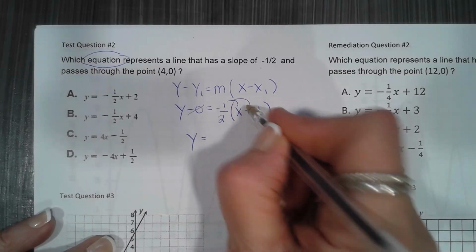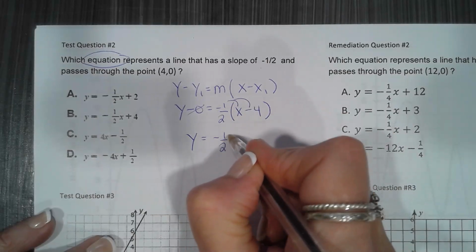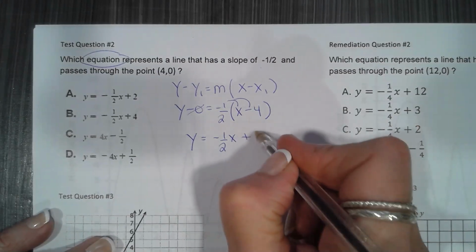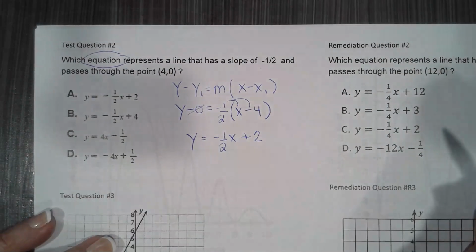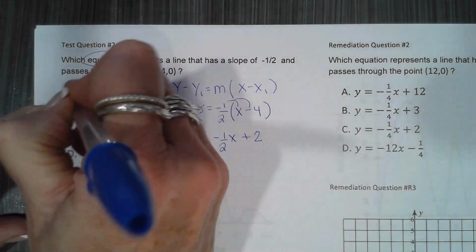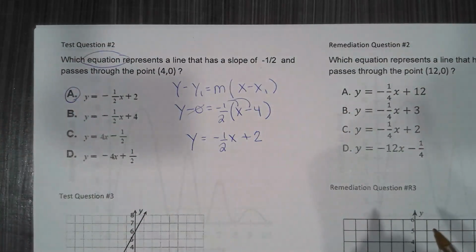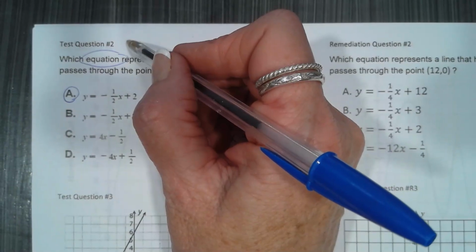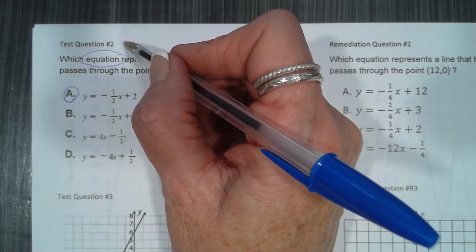We're going to distribute, and we get -1/2 x, and when we distribute -1/2 times -4, we get a +2. So the correct answer is A. All right. If you're listening, let's draw a heart right here next to test question number 2.